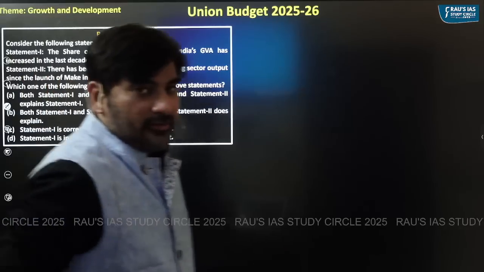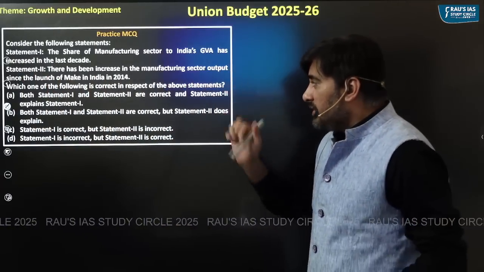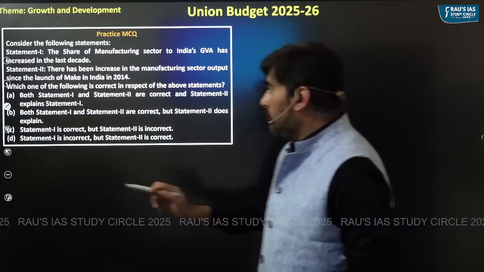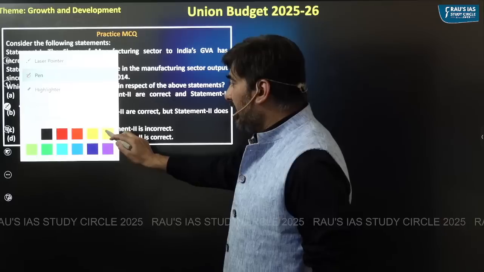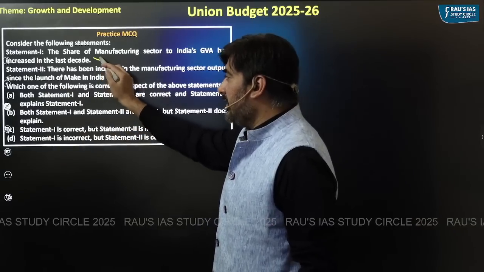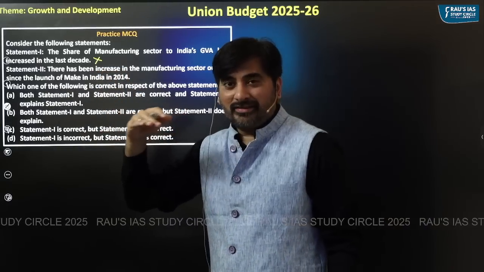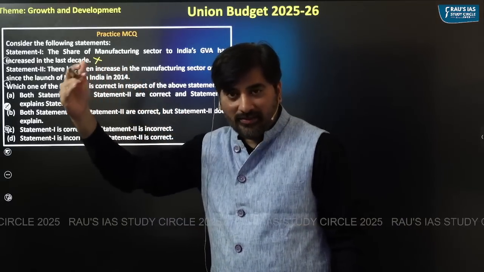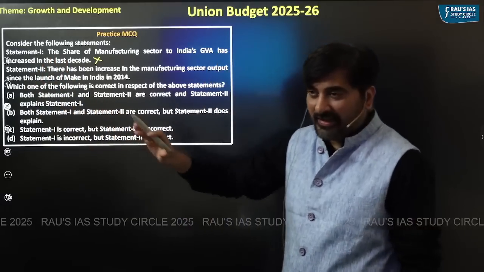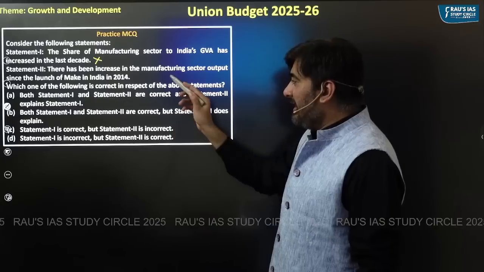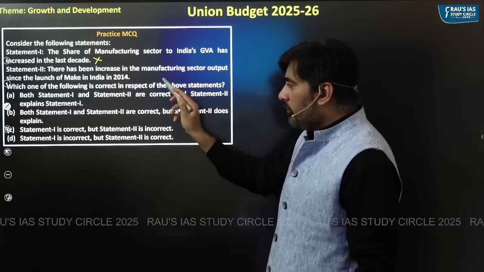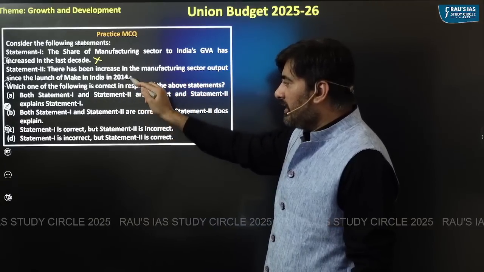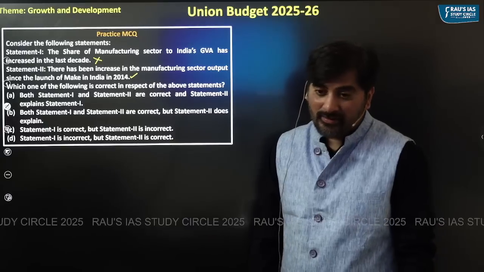Let's look at this practice question. The share of manufacturing sector to India's GVA has increased in the last decade. Like I said, it has remained stagnant at 14 to 17%. It has not increased. There has been an increase in the manufacturing sector output since the launch of Make in India in 2014. Yes.